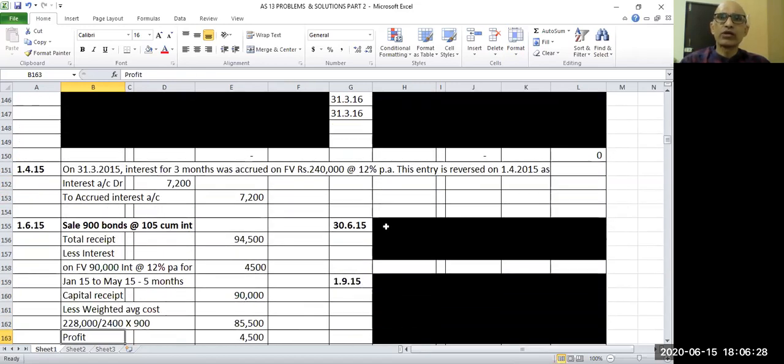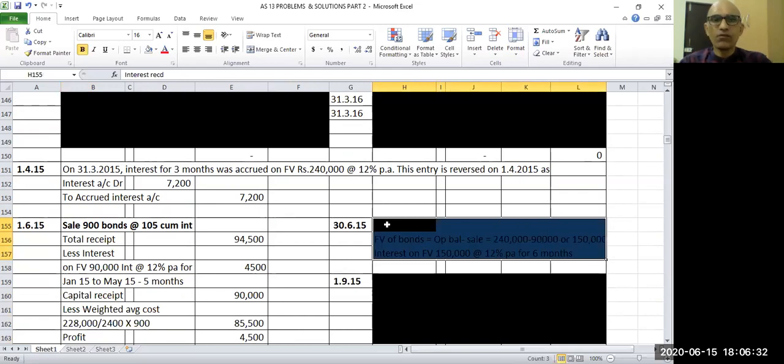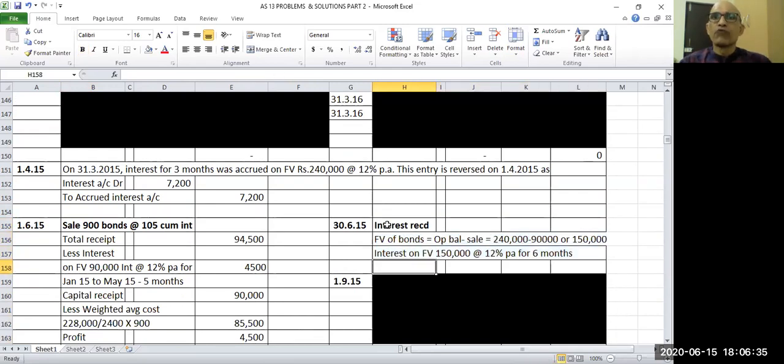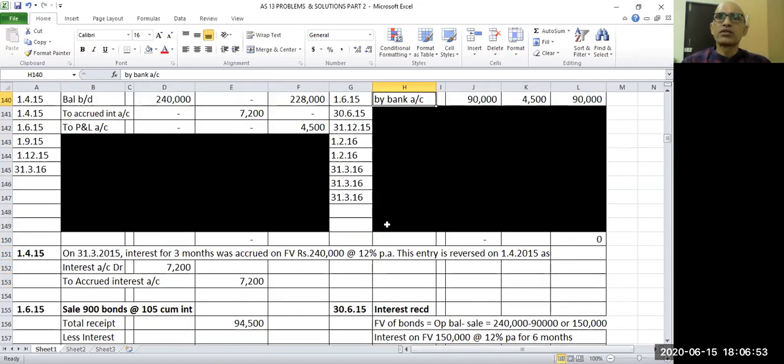So this is the calculation of interest on 150,000. Face value of bonds opening minus face value of bonds sold, it comes to 1,50,000. As I have already told you, on 1,50,000, 12% interest for a period of 6 months. So this interest will have to be accounted for on this day. So the amount of interest, whatever you receive, the entry will be bank account debit to interest account.